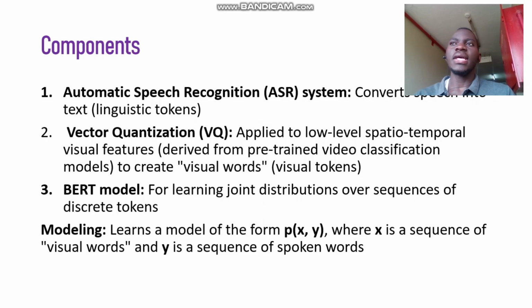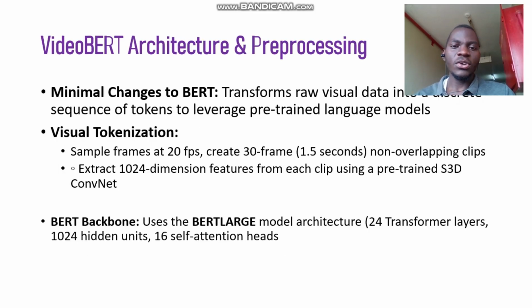So the BERT model learns these tokens and can output a video, or learns the visual text and outputs the video. It models this in the form of x, y, where x is the sequence of visual words and y is the sequence of spoken tokens. Basically that.